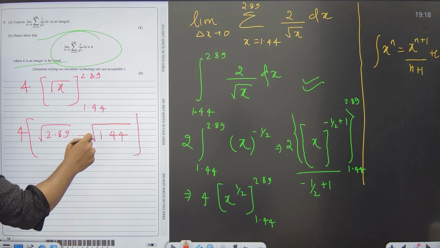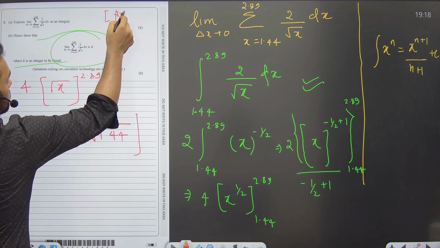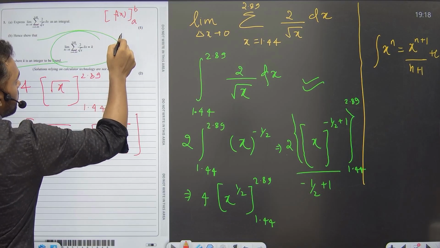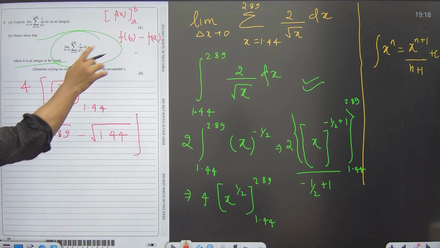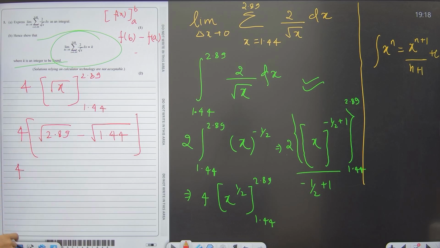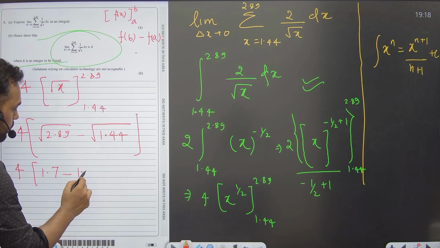Okay, what we are applying here? This I am doing, students: the integral of f(x) from a to b, if we are writing, it will be F(b) minus F(a) after the integration. So you will get 4 times the square root of 2.89, which, if I am not wrong, is 1.7, minus the square root of 1.44, which is 1.2.